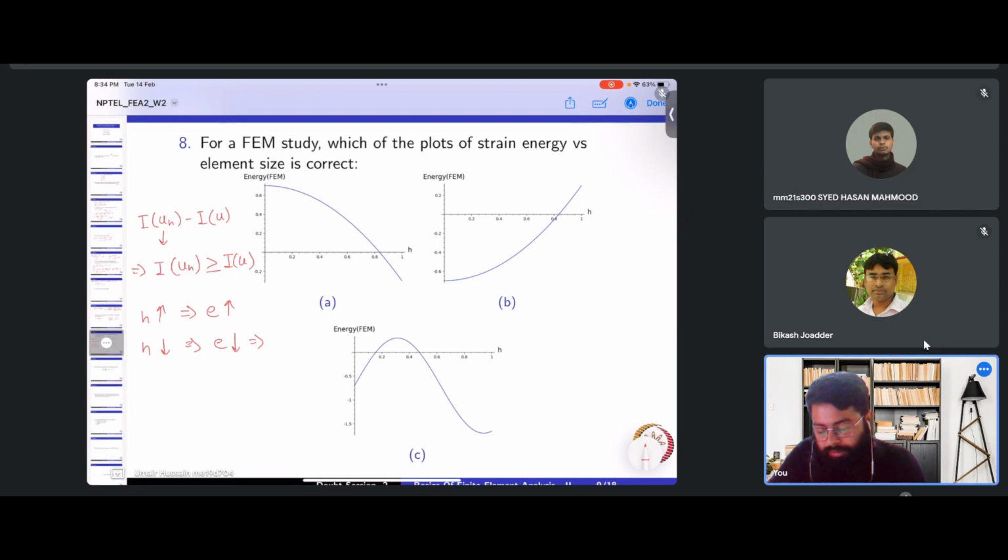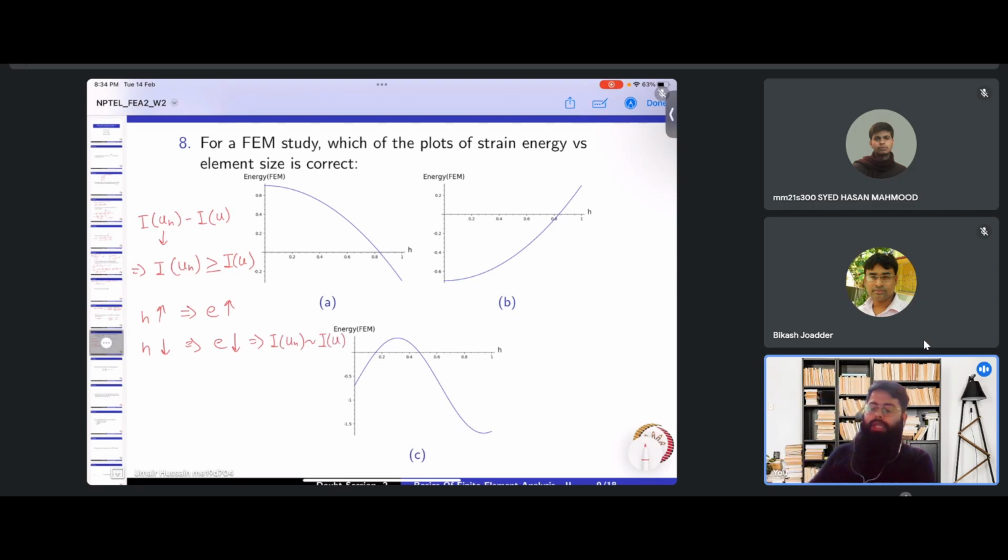So as we have a higher value of H, the error is more, and I(uh) is much greater than I(u). But as we reduce the value of H, the error reduces, and I(uh) would tend to approach I(u), right?